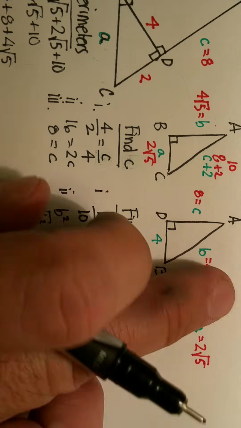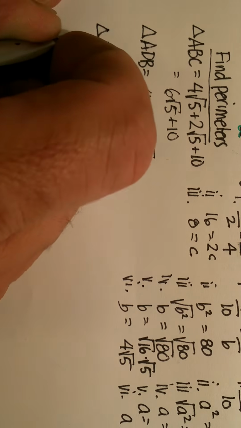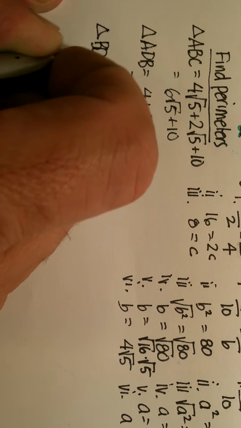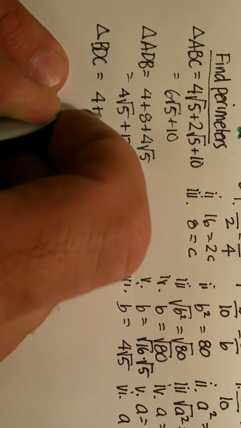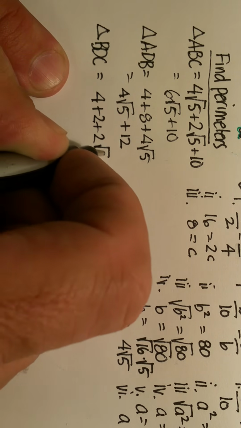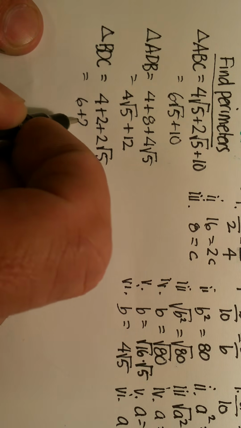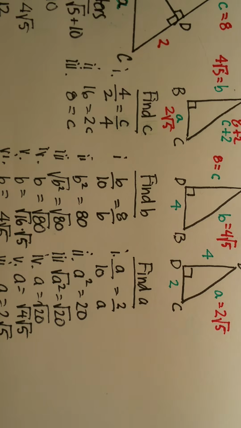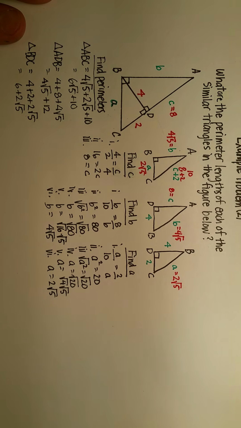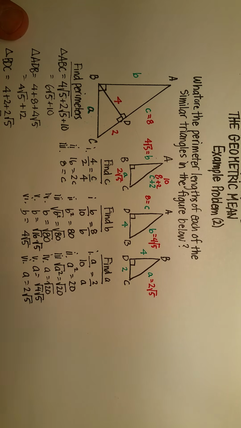And finally, let's do this one, triangle BDC. That is equal to 4 plus 2 plus 2 radical 5. Add like terms again, and you get 6 plus 2 radical 5. And there is how you would find the perimeter lengths of each of the similar triangles in this large triangle above. Okay, hope that was helpful.